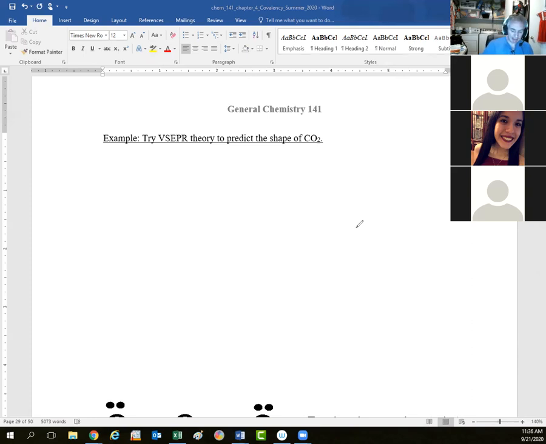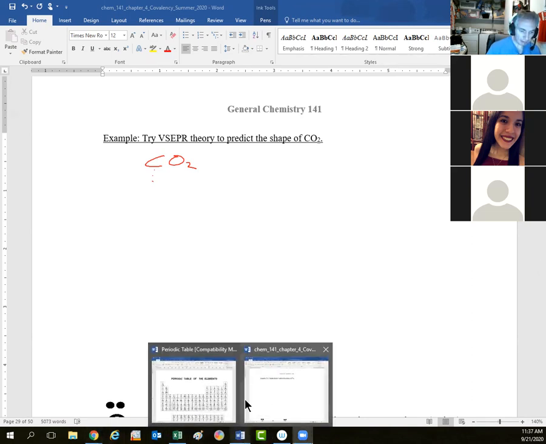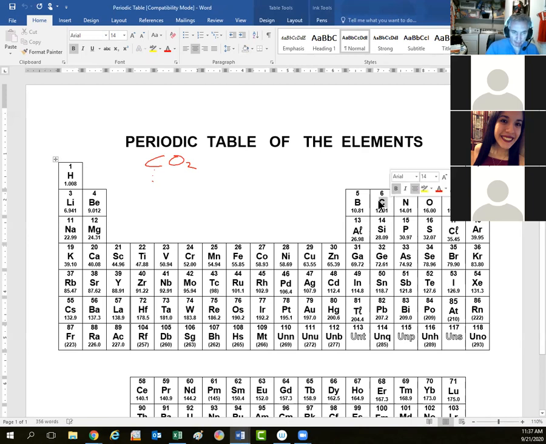So we've got carbon dioxide, CO2. And of course, like we said, the first thing we do is just count the valence electrons for the molecule from the position of the elements in the periodic table. For carbon, it's the 1, 2, 3, 4th element in the second row.